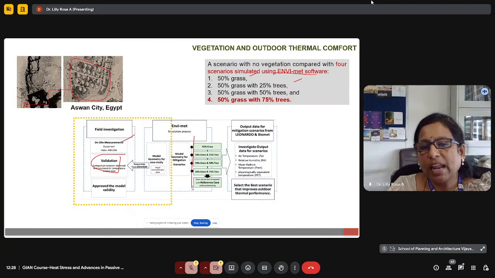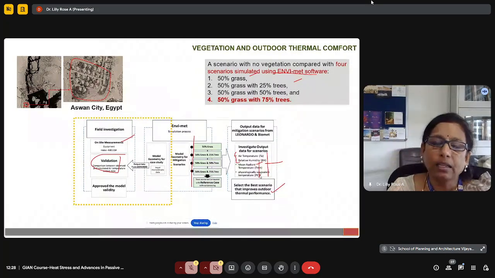Different strategies were analyzed, and the best strategies that improve the outdoor thermal performance were identified. The parameters analyzed vary from individual meteorological parameters like air temperature and humidity, to the comfort indices in terms of MRT, PET, UTCI, all that can be analyzed.